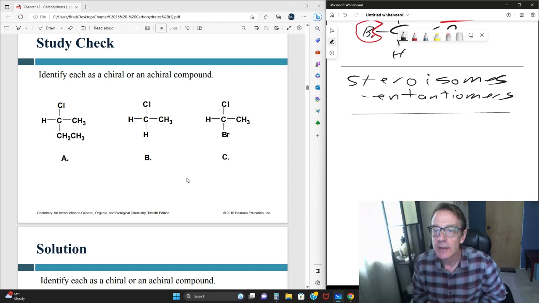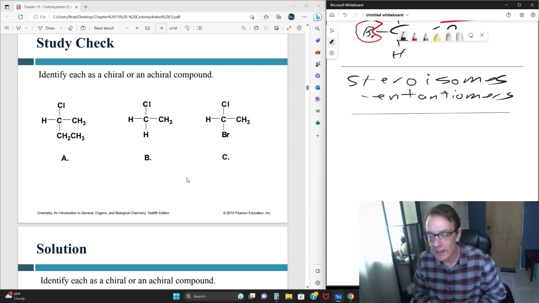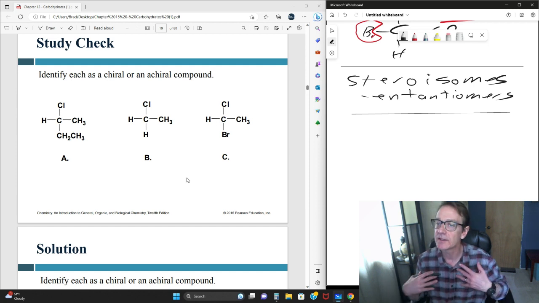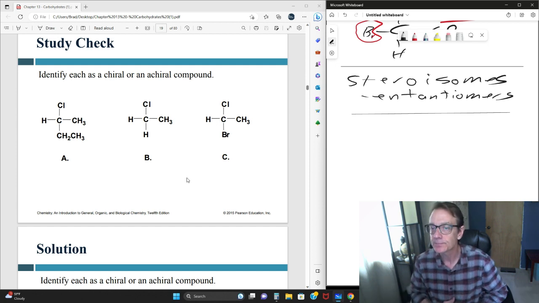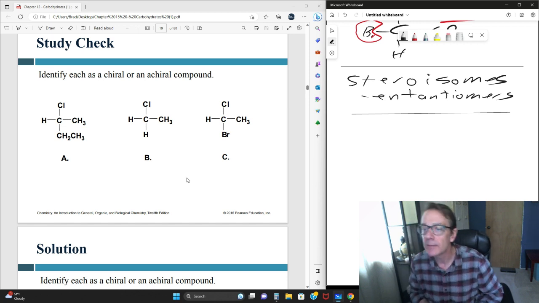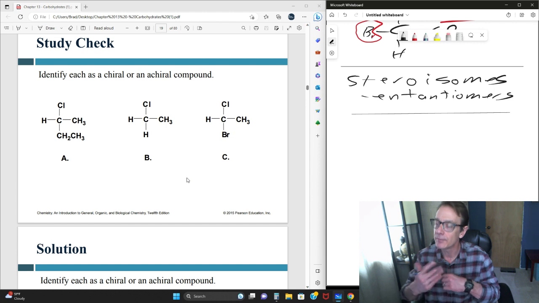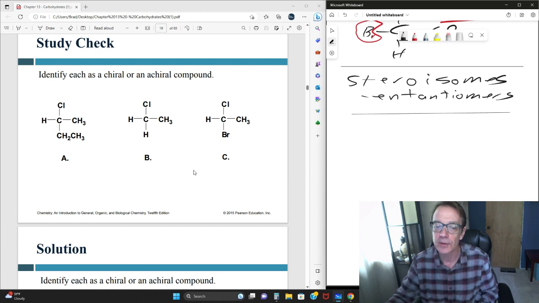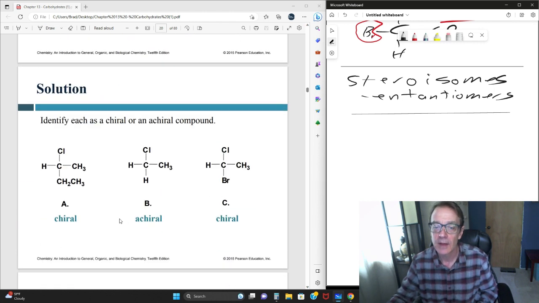Okay, in B, you can see we have a chlorine, a methyl group, and two hydrogens. The two hydrogens makes it achiral. Okay, and in the last case, we have a chlorine, a methyl group, a bromine, and a hydrogen. And we're back to chiral in example C. Okay, chiral, achiral, and chiral.